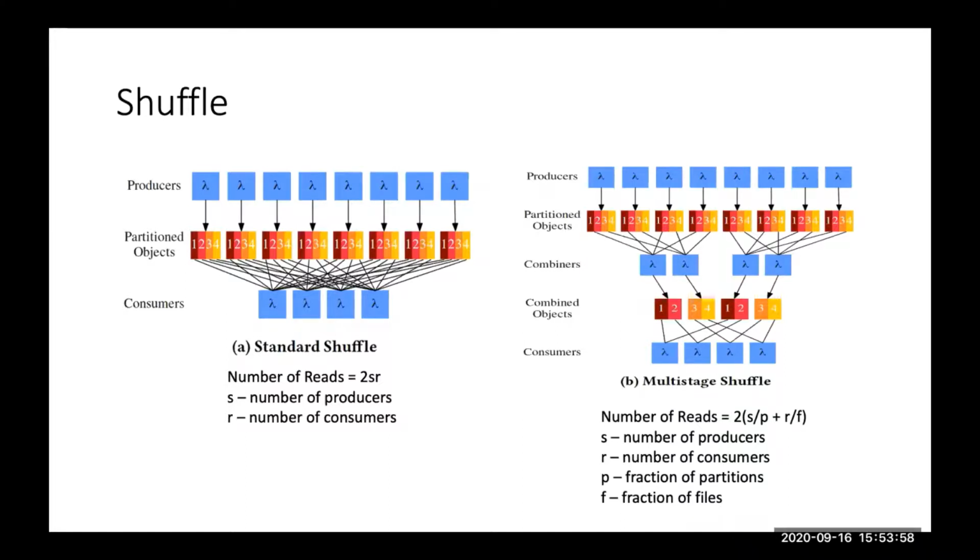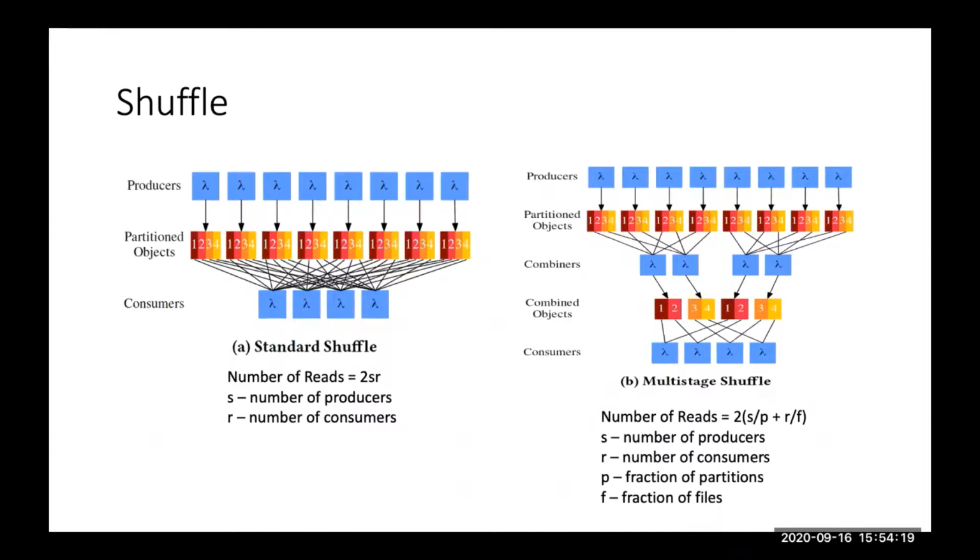But this leads to very high cost for the shuffle operations if the number of workers is too high. Starling needs many workers because the workers have limited memory and also limited computing resources.